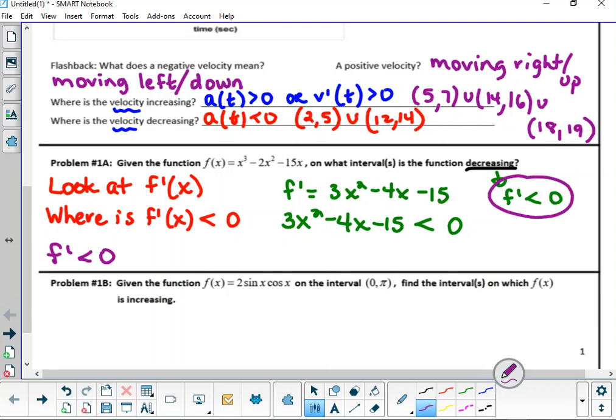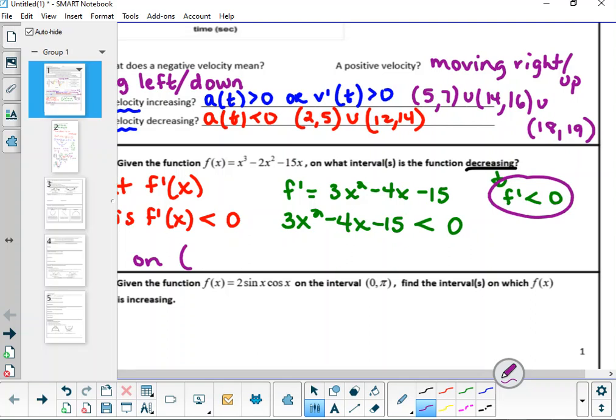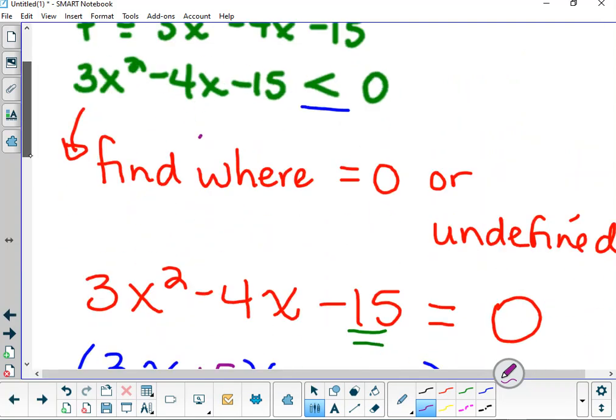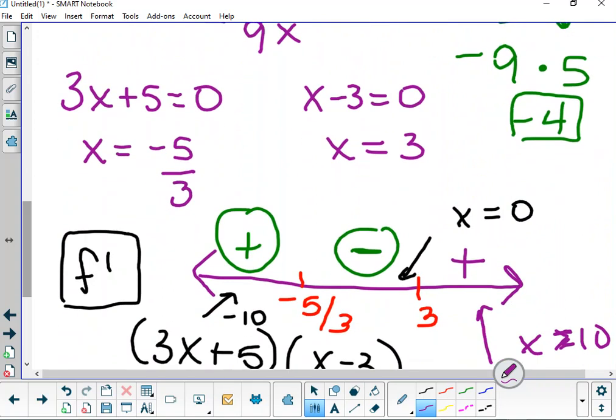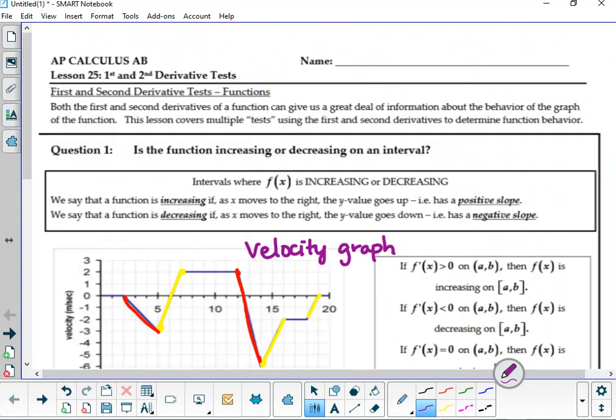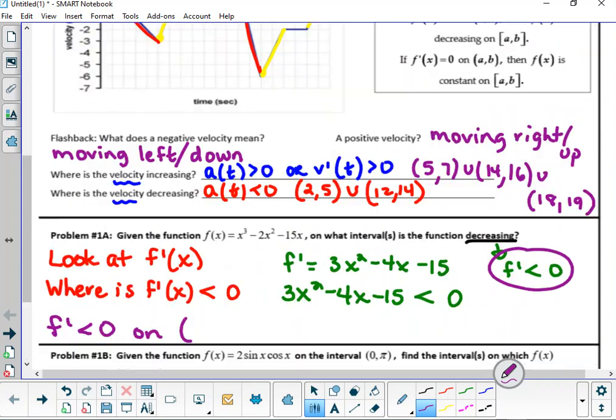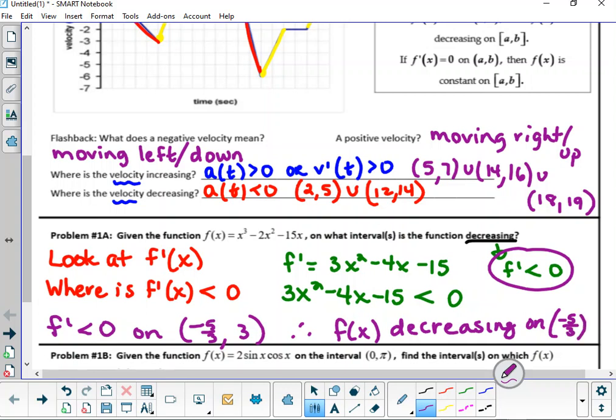F prime of x is less than 0 on the interval from negative 5/3 to 3. Therefore, f of x is decreasing on negative 5/3 to 3.